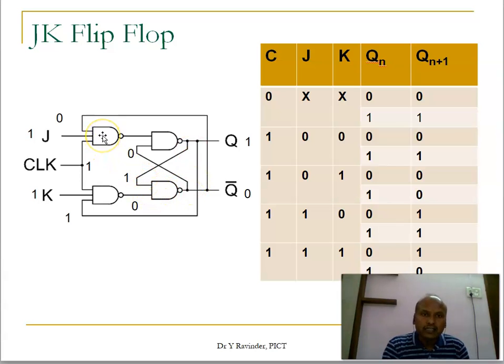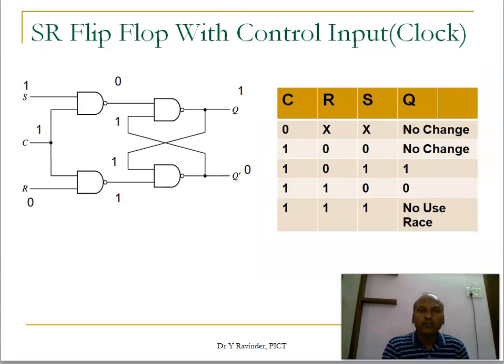Here the third input was not there. If you remove this third input to this, it becomes an SR flip-flop. Look at this. This was not there. This was not there. If you look at this SR flip-flop, the feedback is only for this NAND gate and this NAND gate.